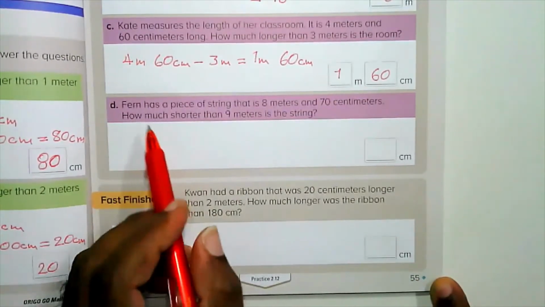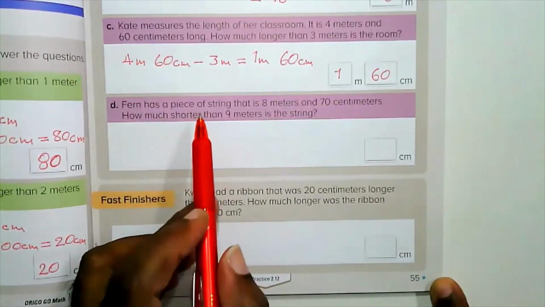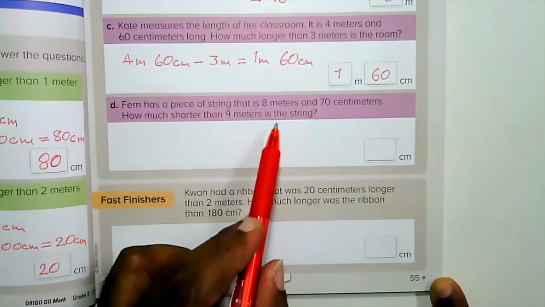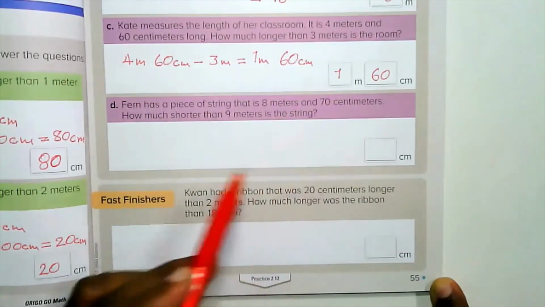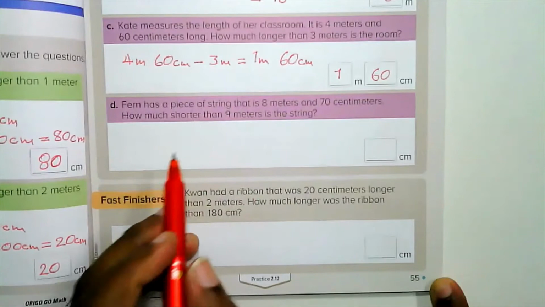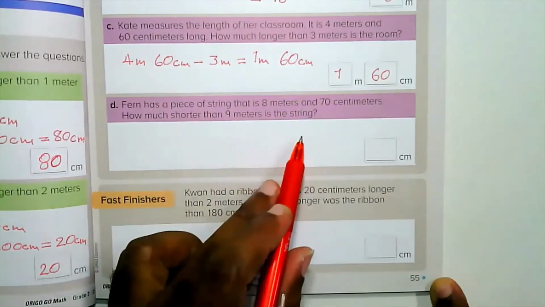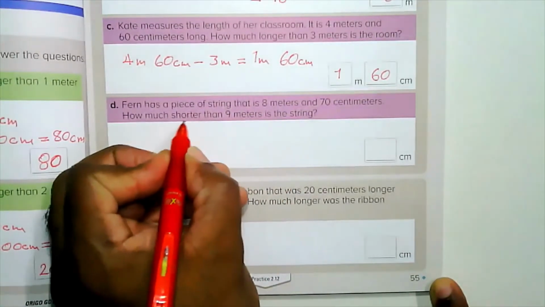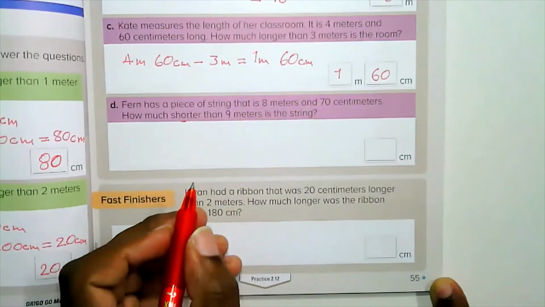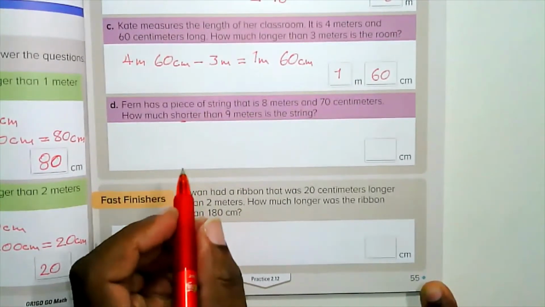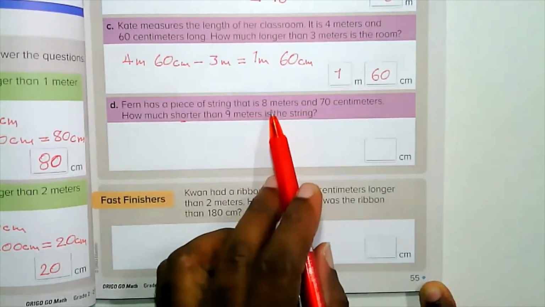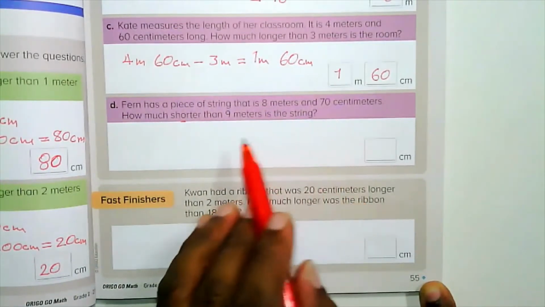Part D. Fern has a piece of string that is 8 meters and 70 centimeters. How much shorter than 9 meters is the string? Shorter, that is subtraction. So we have 8 meters, 70 centimeters.